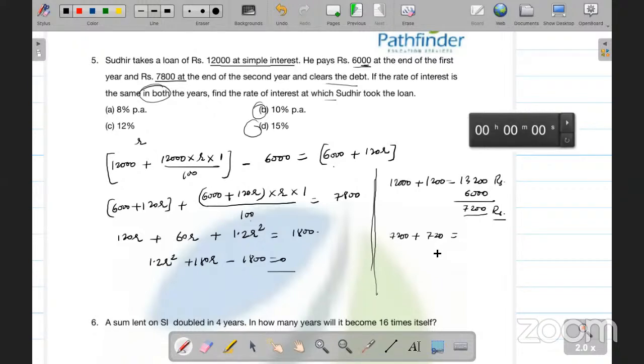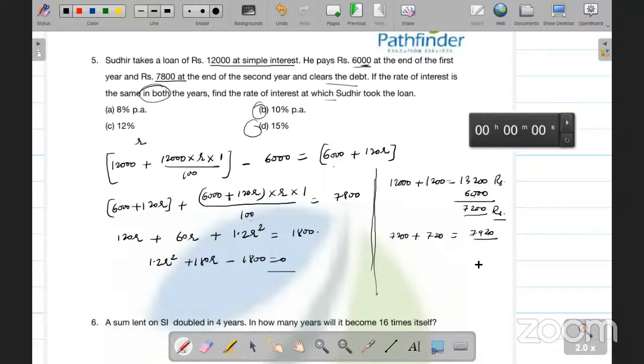What do you get here? So will 10% be your answer in this case? Can 10% be your answer? So of 13,200, you repay 6,000, the balance amount is 7,200, and here you get 7,920.